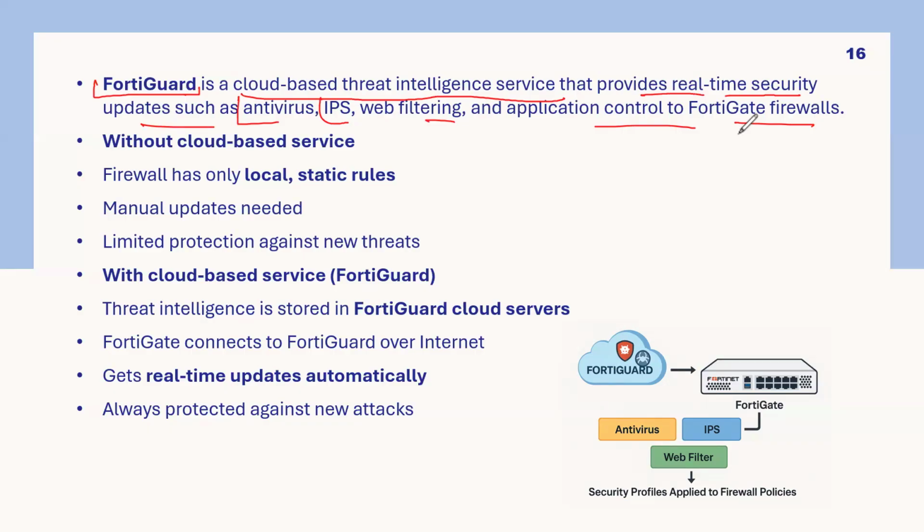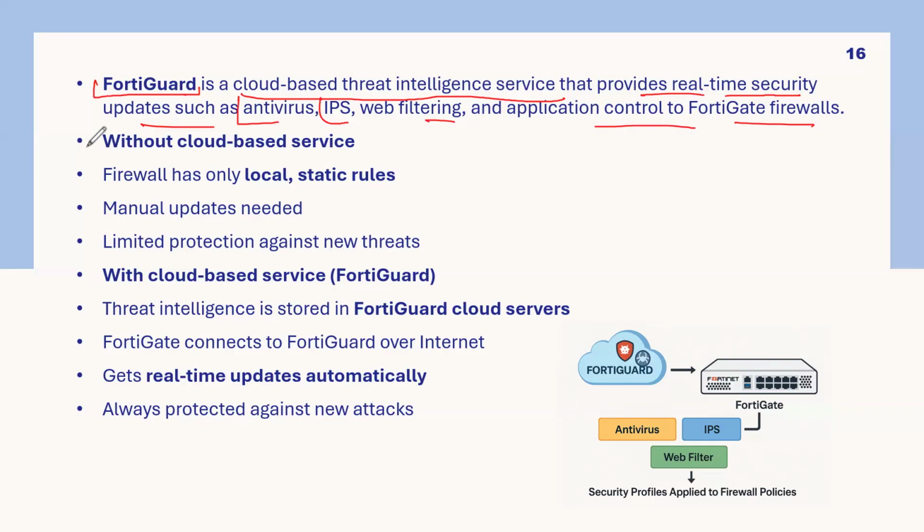But it is not possible for the admin to set the rules every time. It wants intelligent threat detection. So if the firewall has connectivity to FortiGuard, the extra features will be collected from there.